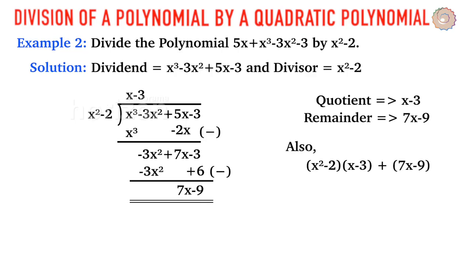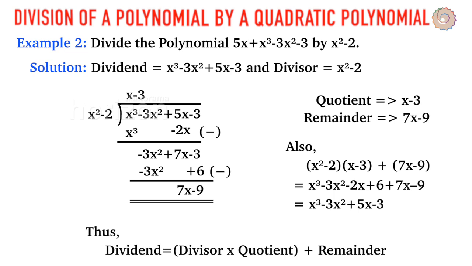Also, when we multiply (x^2 - 2) into (x - 3) and add 7x - 9, we get x^3 - 3x^2 + 5x - 3. Thus, dividend equals divisor into quotient plus remainder.